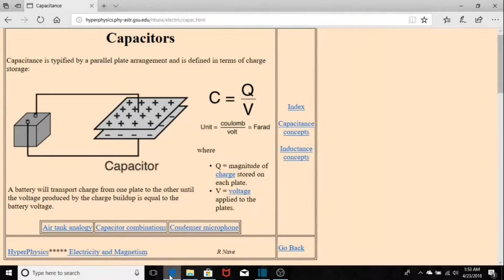Hi, my name is Rodney Jones, and in this video we're going to be demonstrating a problem dealing with capacitors. Capacitance is typified by a parallel plate arrangement and is defined in terms of charge storage.